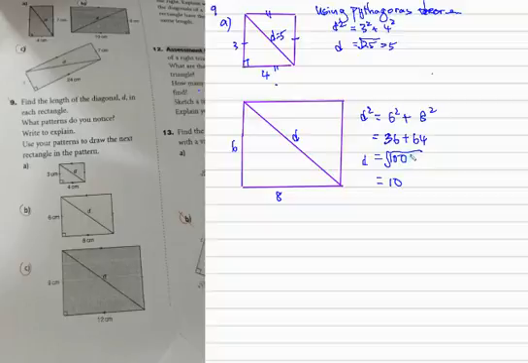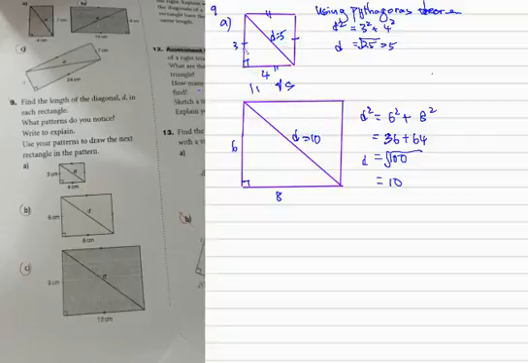So this is 10. Now, let's compare the A diagram with the B diagram. Now, this 5, this 10. This diagonal is 5, this 10.